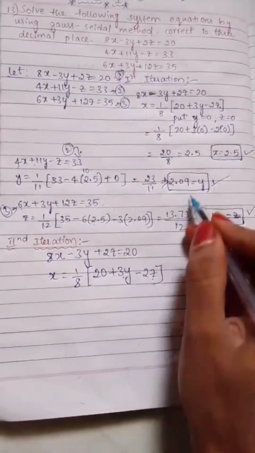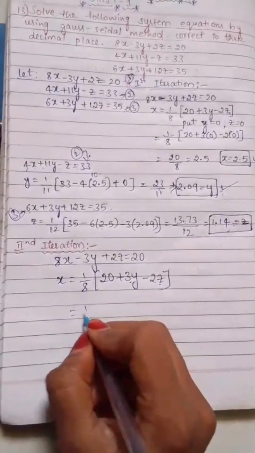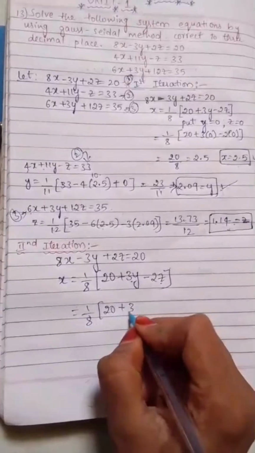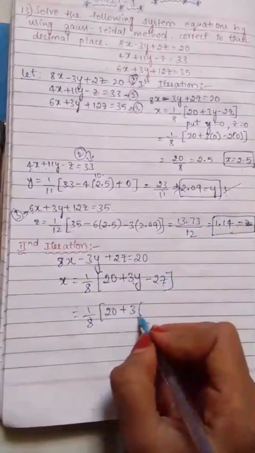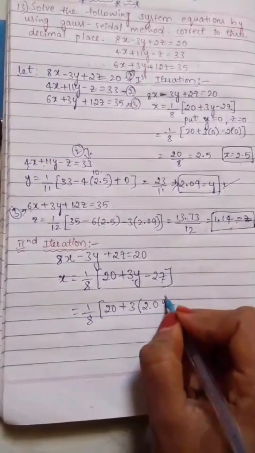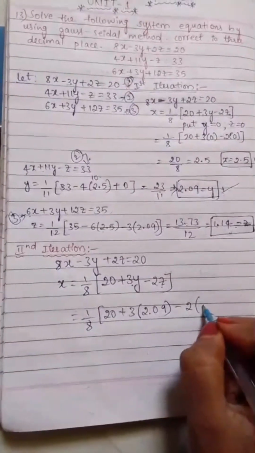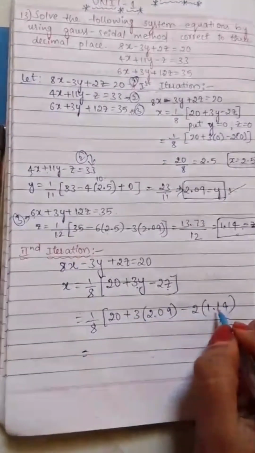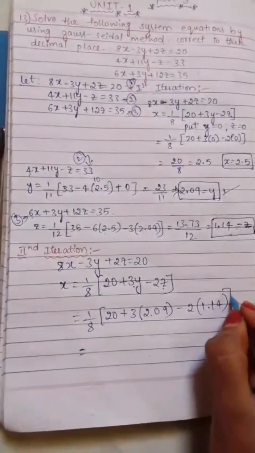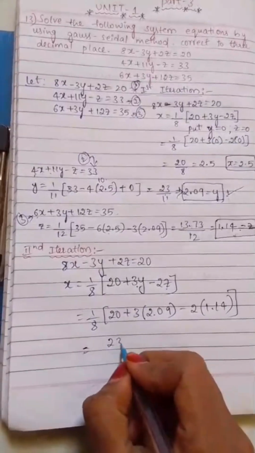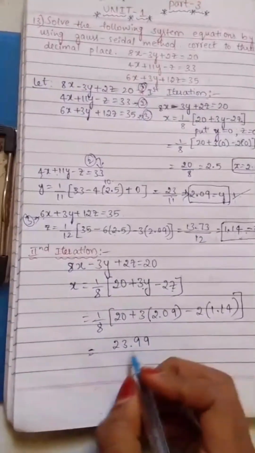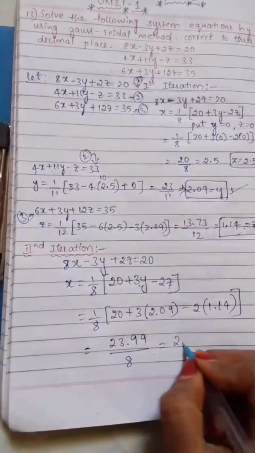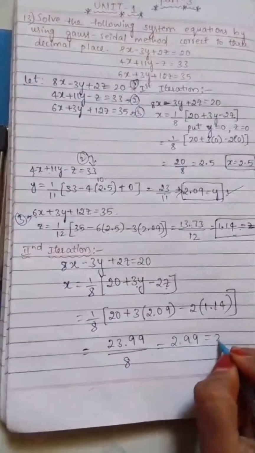I have to take these two values. x is equal to 1 by 8, 20 plus 3 into the y value 2.09 minus 2 into 1.14. If I do this calculation, I will get around 23.99 divided by 8. I will get 2.99. This is the x value.